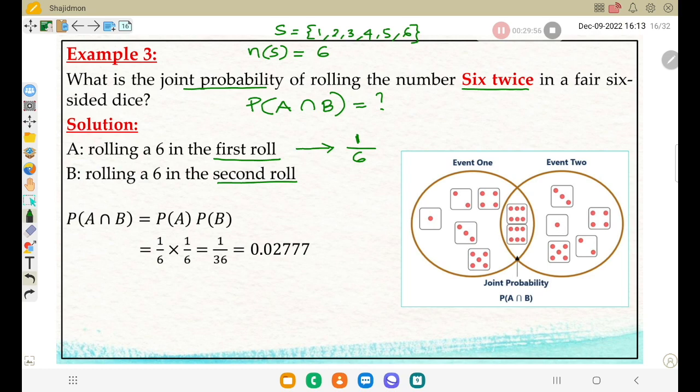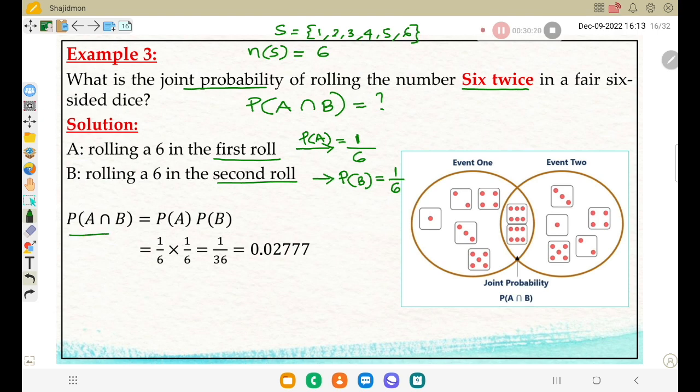Now rolling a 6 in the first roll means only one favorable outcome. Same for B. What is the probability of B? Getting a number 6 means only one, divided by the total number of elements in the sample space, which is 6. So 1 over 6. So probability of A equals 1 over 6, probability of B equals 1 over 6.